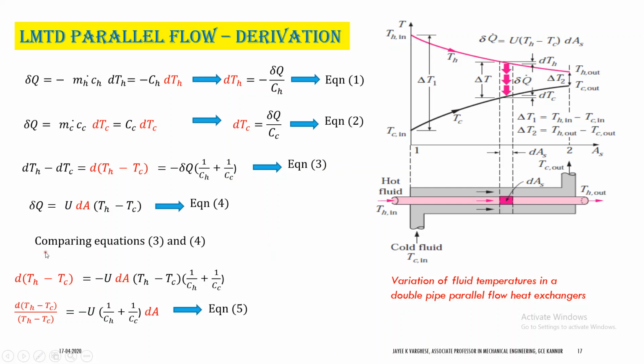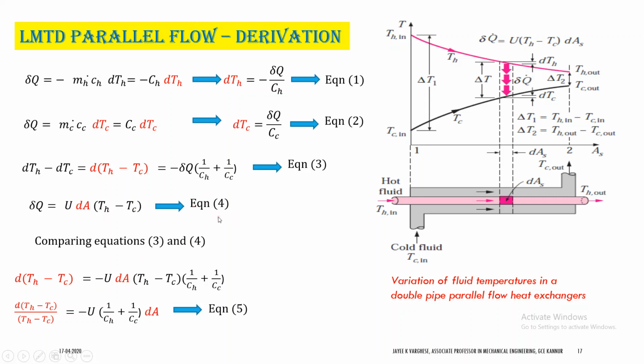Now delta Q can also be written as overall heat transfer coefficient into area into change in temperature. So for the small area dA, we can write delta Q is also equal to U into small area dA into the temperature difference between the hot and cold fluids, Th minus Tc, which is equation 4.